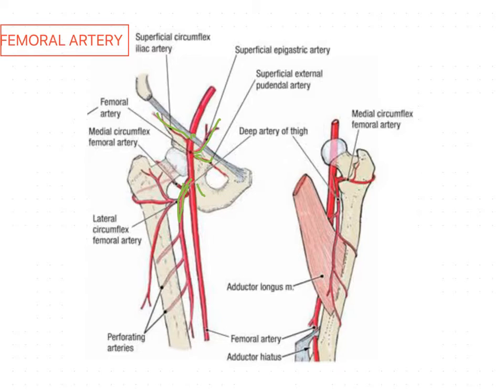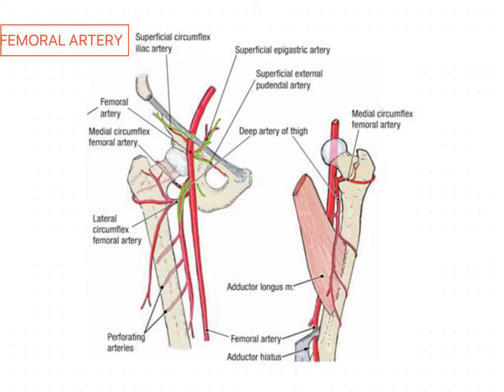All these superficial arteries, the name itself indicates the area where it is going to supply. For example, the superficial epigastric artery ascends across the inguinal ligament and runs upwards and medially towards the umbilicus, so it is called the epigastric artery.